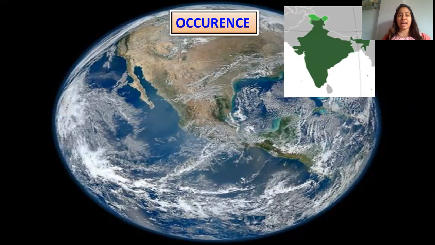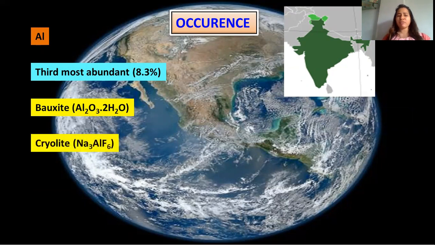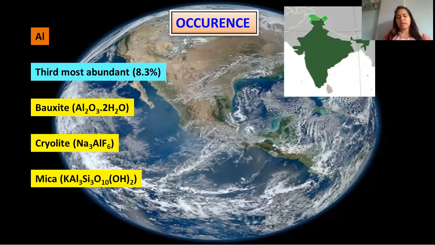Next, when we talk about aluminium, you know, aluminium is the third most abundant element found in the Earth's crust. And it is found in the form of different ores. We have bauxite, Al2O3.2H2O. We have cryolite, Na3AlF6. We also have mica. You can see for mica, if you don't remember the formula, that's fine because mica is an ore. And in that way, we have feldspar also.